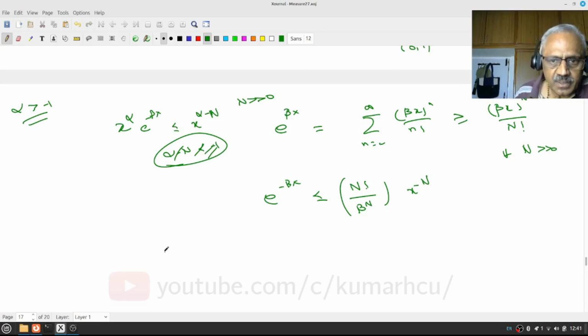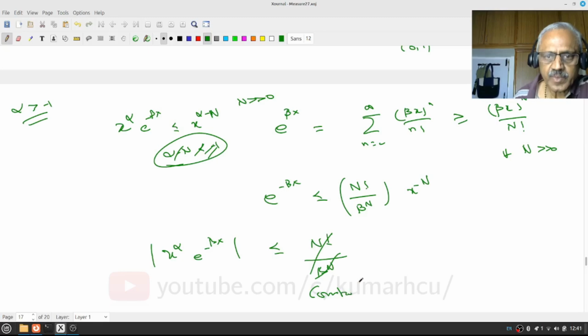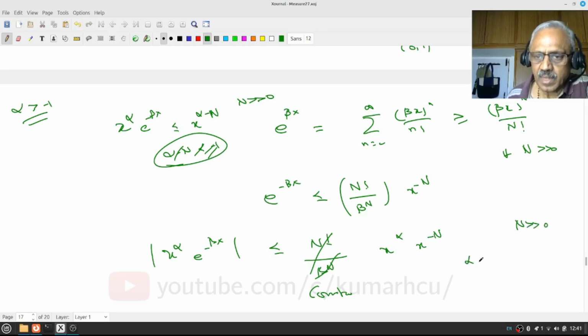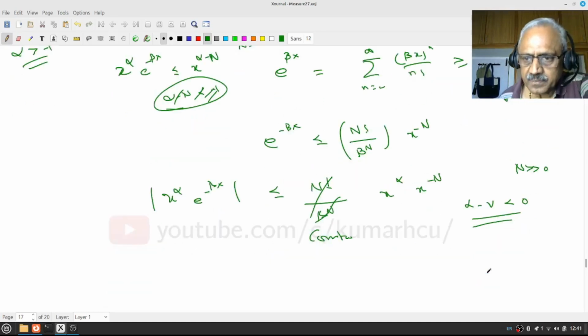Therefore x^alpha into e^(-beta x) will be less than or equal to n factorial by beta^n, which is a constant, times x^alpha into x^(-n). So if I choose n very large, alpha minus n will be negative, less than minus 1.